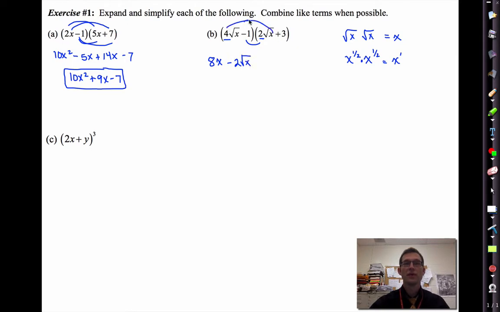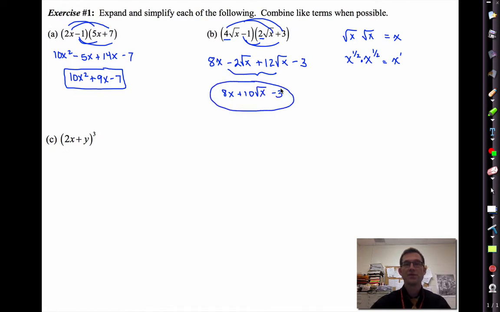These two multiplying each other, that's going to be plus 12 root x. And then these two, which are going to be minus 3, combine these like terms, which we often have to do, and we'll get 8x plus 10 root x minus 3. Again, probably a problem that students at the 4 Honors level can do in their head.